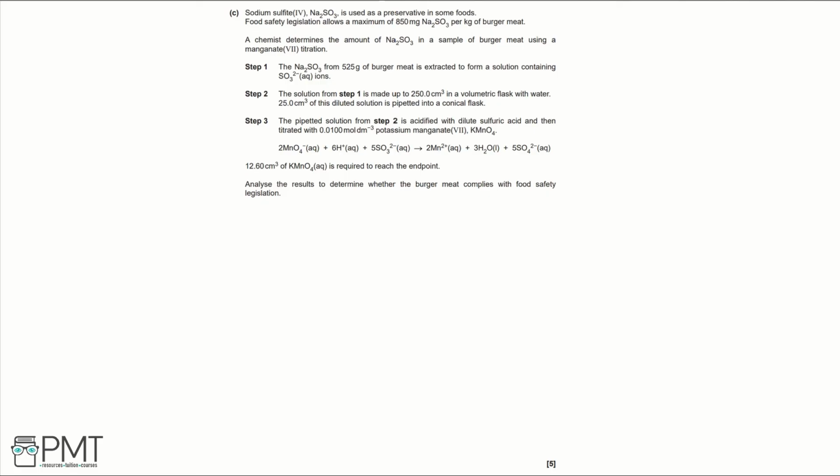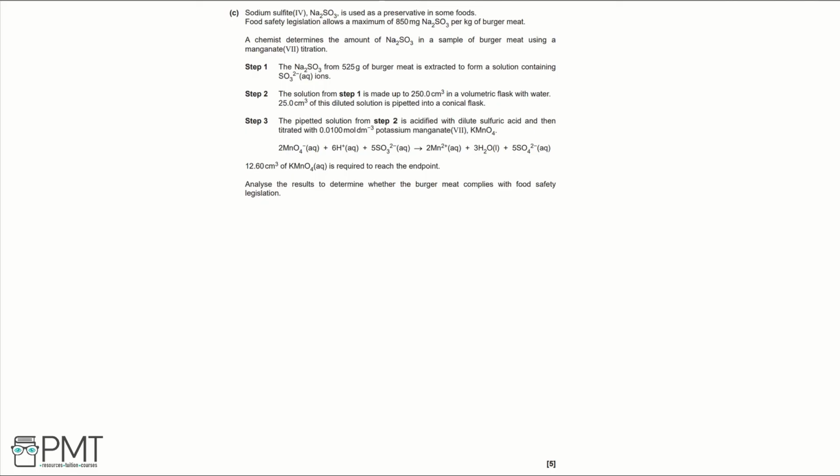ions. Step 2. The solution from step 1 is made up to 250 centimeters cubed in a volumetric flask with water. 25 centimeters cubed of this diluted solution is pipetted into a conical flask. Step 3.